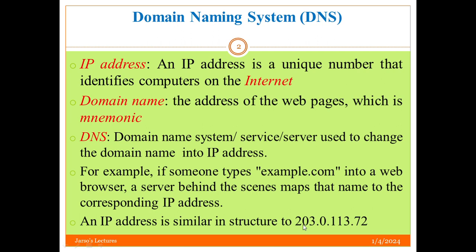Now, the domain name is that. Since it is somewhat difficult to remember each IP address, since there are millions of servers around the world, in order to access resources from the servers, we can't remember each of them by their IP address.